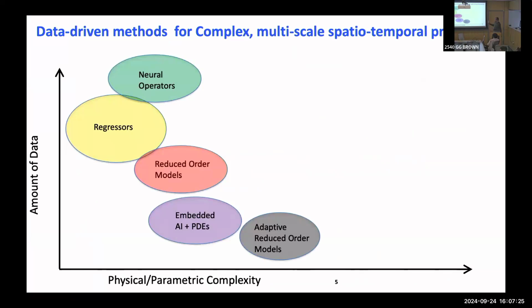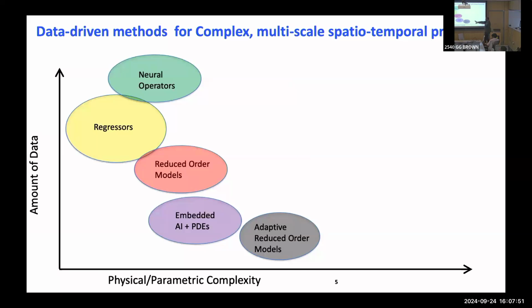And there are many ways of doing this. You can use machine learning methods based on, say, some neural operators, or you can use regressors. The classical reduced order models, there are ways in which we can take simpler physics models and then inject some learning components in the middle and try to make predictions.